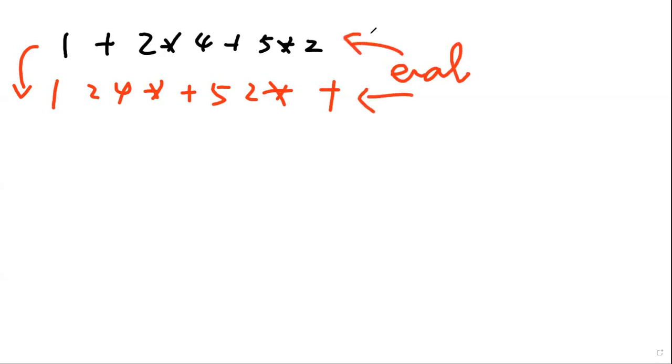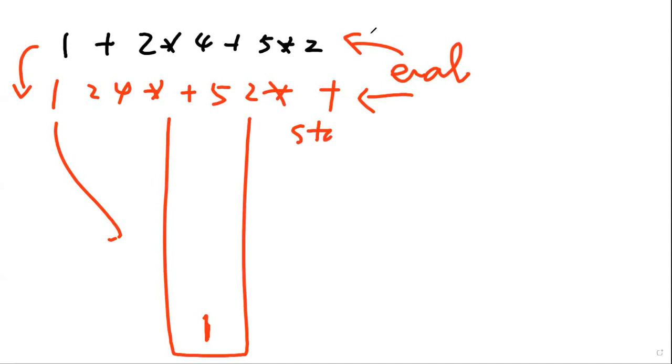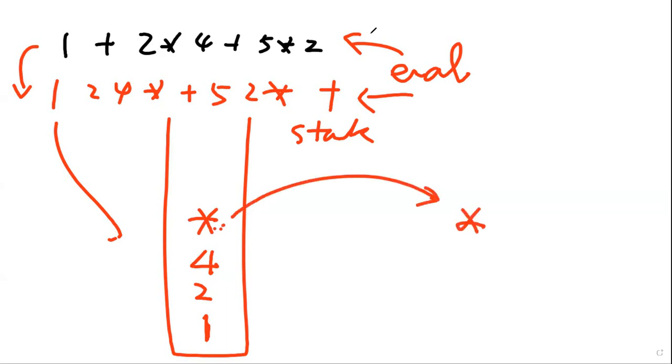we evaluate this postfix. We put 1 in the stack, and then push 2 in the stack, 4 in the stack, and then times. Once I see times, I pop it out, 2 times 4, so I get 8.